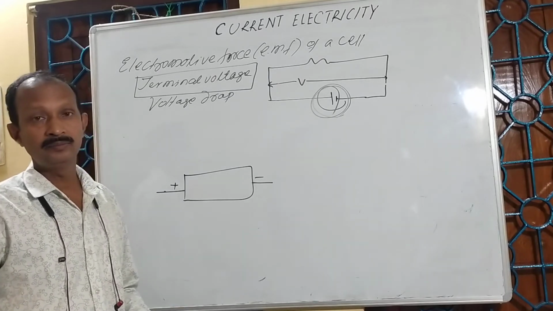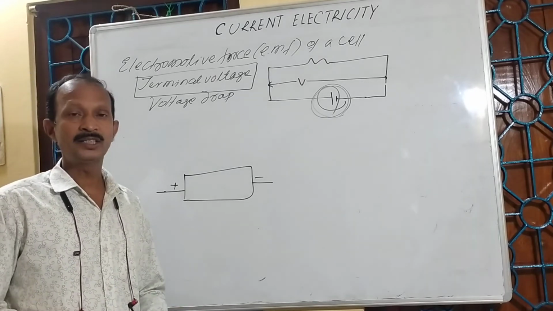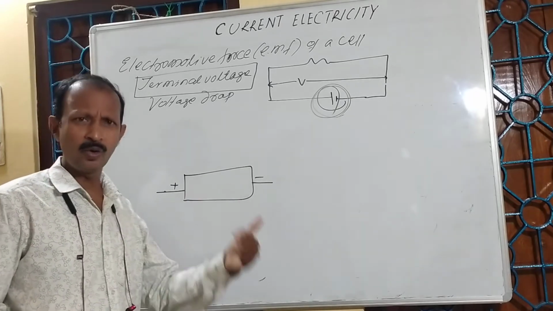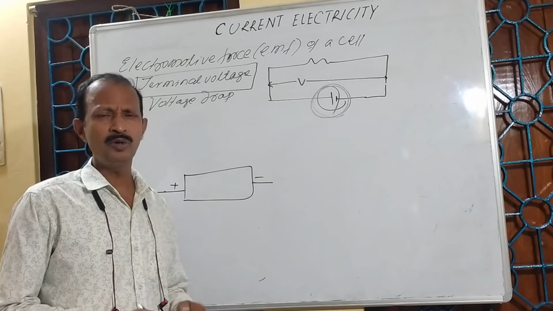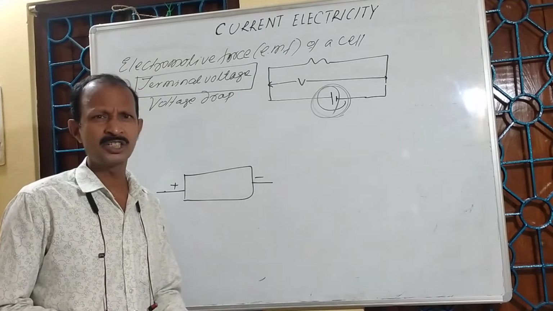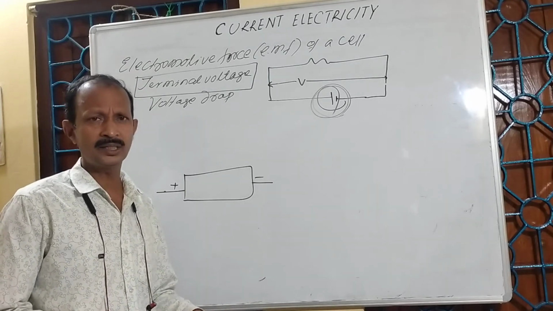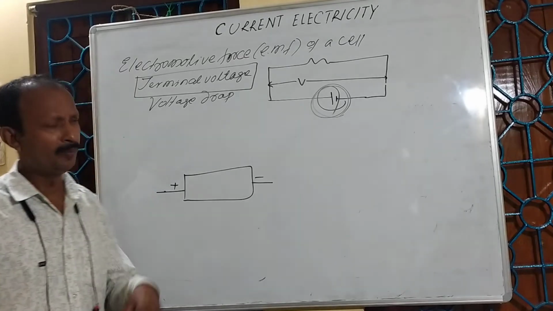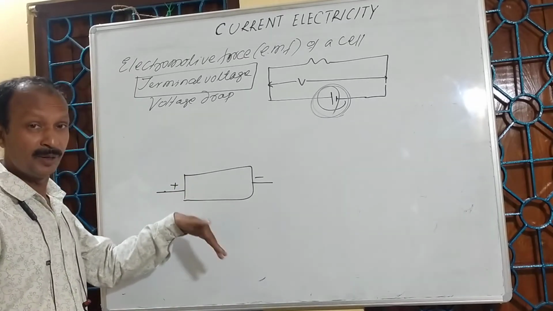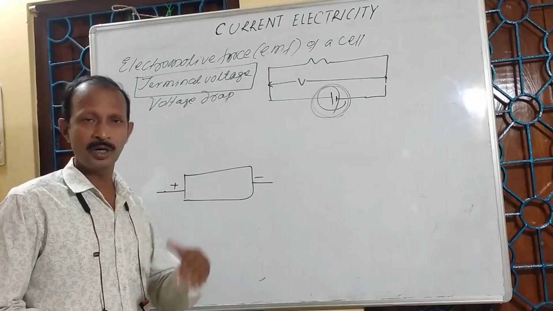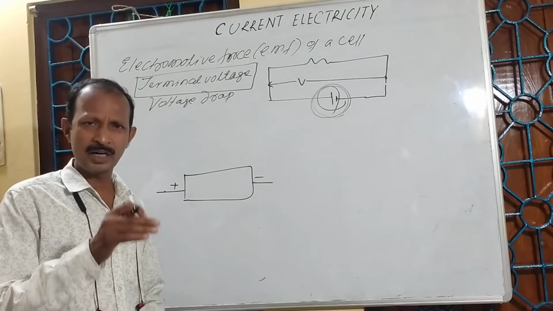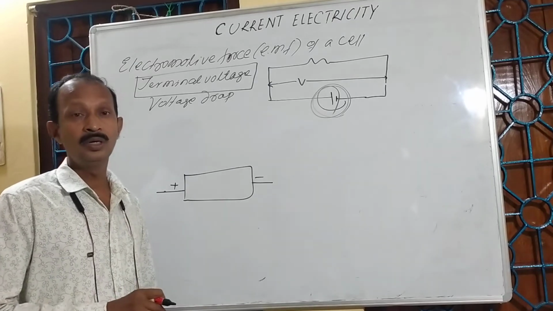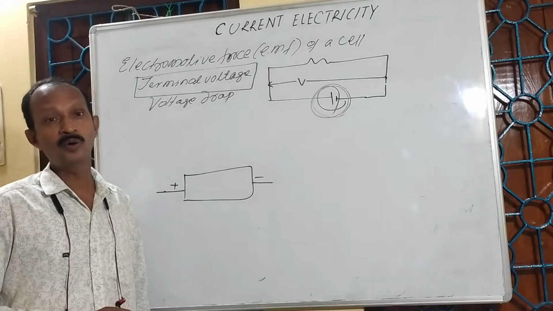How much current we are supplying or drawing depends upon how much work is done. If more current is flowing, more work will be done, more energy will be spent, or you can say the voltage drop will be more. How much work it will do, that much voltage will drop. Since more energy is spent, the drop also will be more.